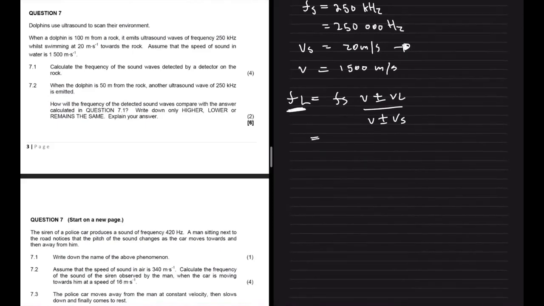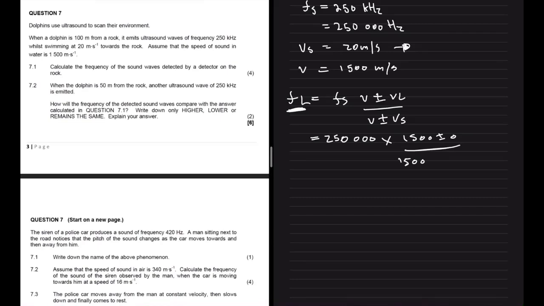The frequency of the source is 250,000 hertz multiplied by 1,500, the speed of sound in water. And the listener is stationary, so you can have plus or minus 0, it wouldn't matter. And on the denominator we have 1,500 for the speed of sound in water.